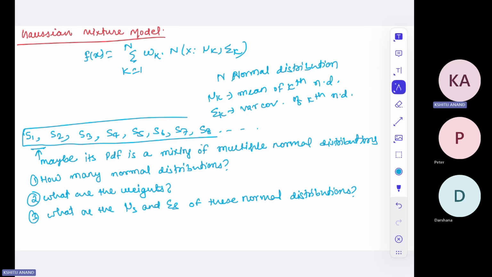Now we have observed data. So what is our goal? Given observed data, find the parameters. What are the parameters?